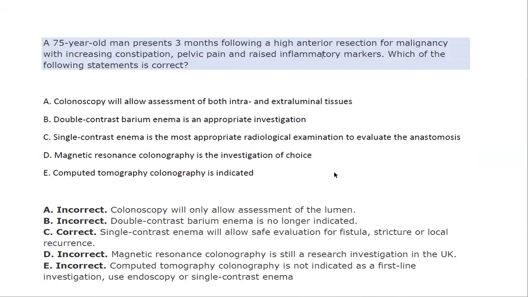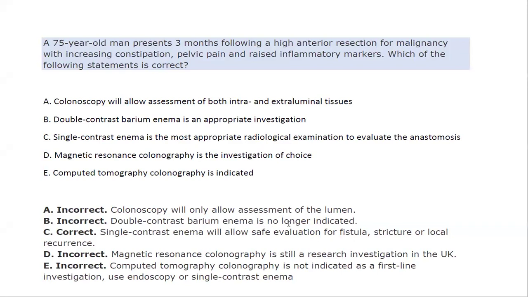Colonoscopy only assesses the lumen. Double contrast enema is no longer indicated, as I told you; it would be used as a primary investigation at the beginning. Single contrast enema will allow safe evaluation for fistula, stricture or local recurrence.